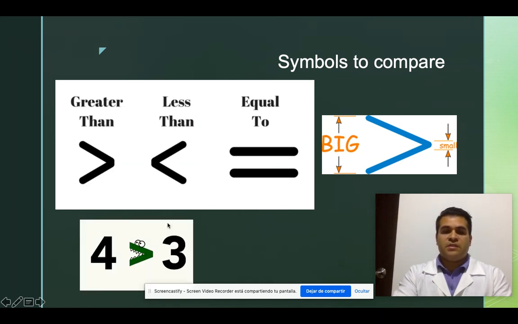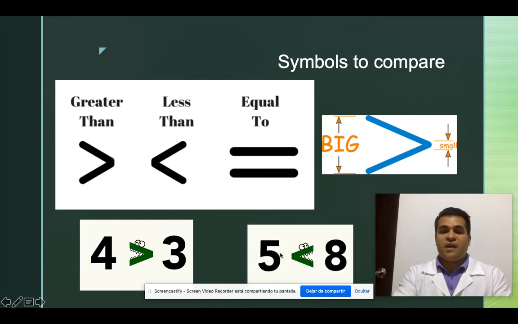One example is 4 is bigger than 3, or 4 is greater than 3. Another example is that 5 is less than 8, or 5 is smaller than 8. Notice that the mouth of the crocodile always opens to the bigger number.